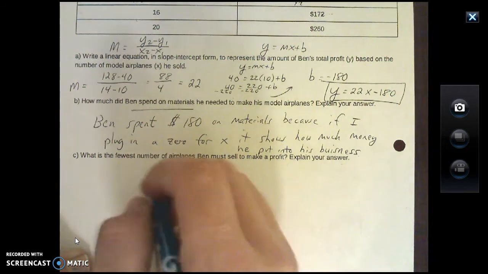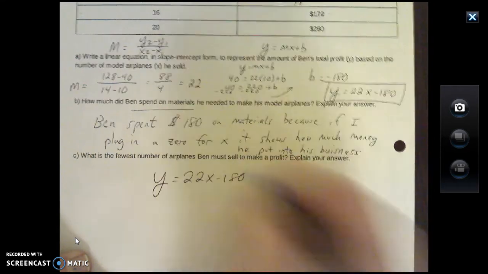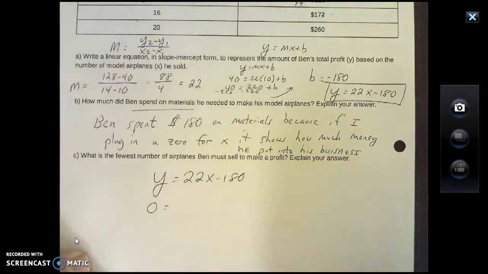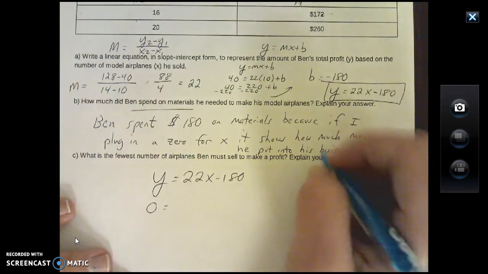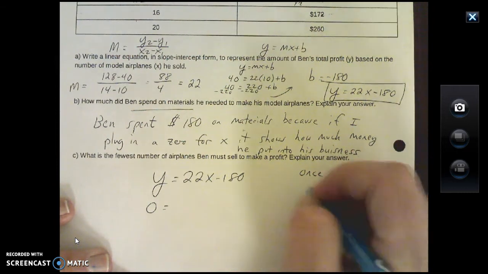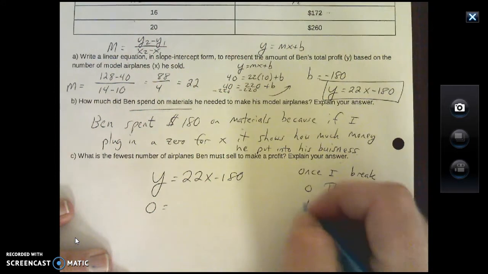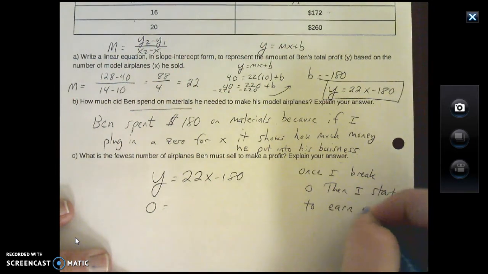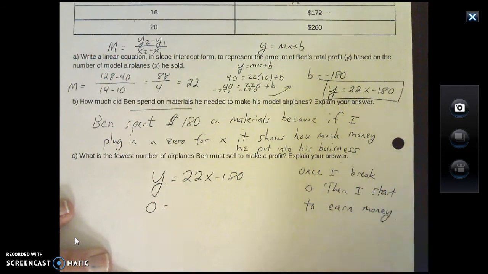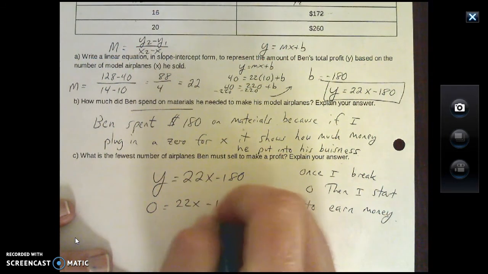So I'm going to plug in, here's my equation, y equals 22x minus 180. I'm going to put a 0 in for y, because once I break 0, then I start to earn money. Okay? So 0 equals 22x minus 180.